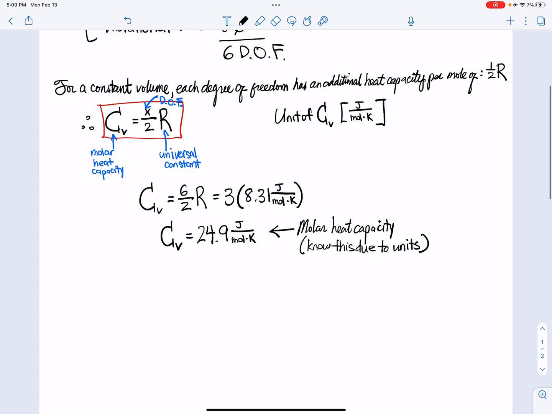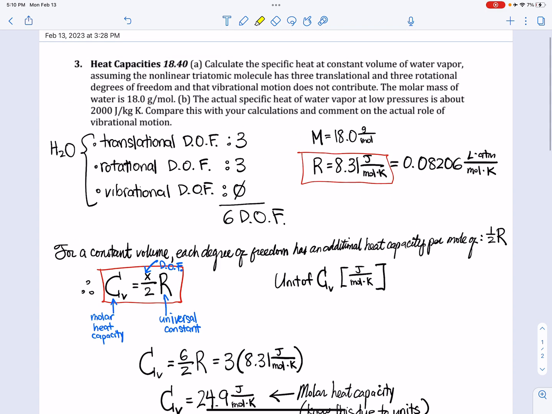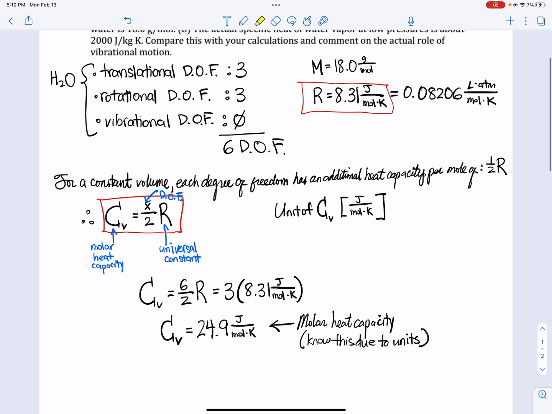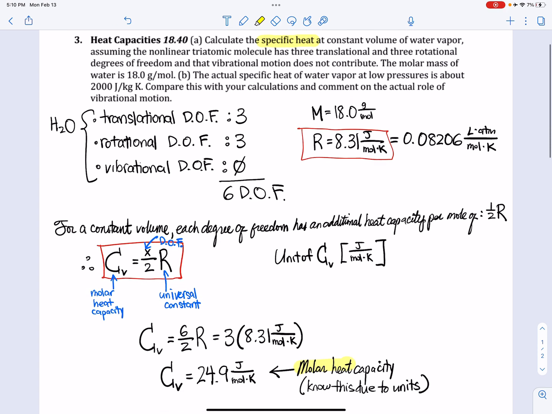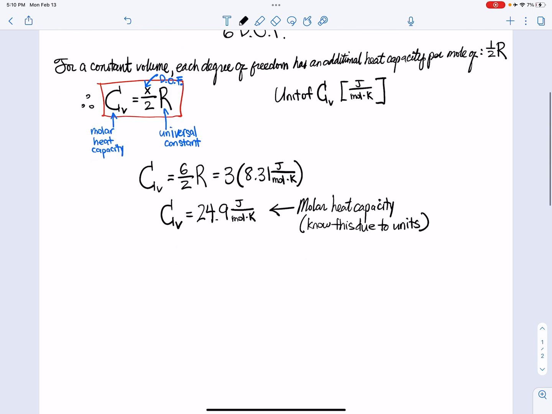So what do I mean that I know that this is the molar heat capacity because of the units? I'm talking about these units right here, right? Joules per mole times Kelvin. So this question is asking for the specific heat, right? And I've got the molar heat. So what is the difference between specific heat and molar heat?